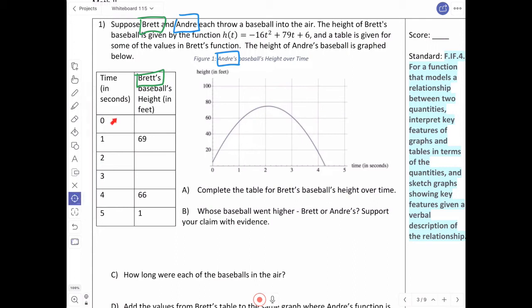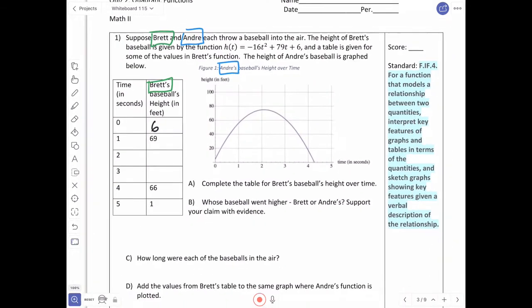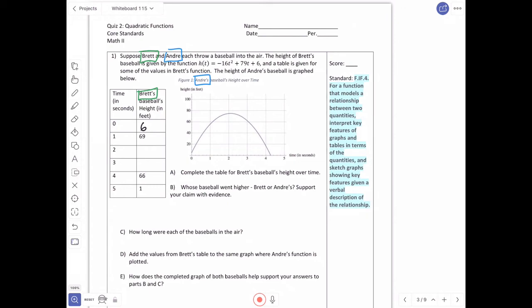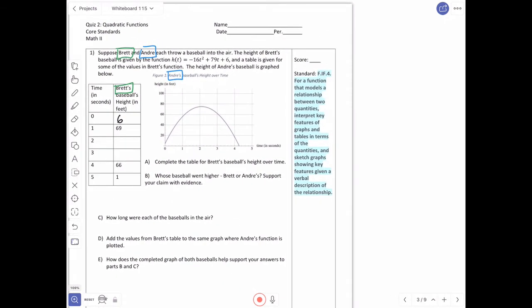So I just plug in 0, which is 0 squared is 0. 0 times negative 16 is 0. 79 times 0 is 0. 0 plus 0 plus 6 is 6. Then for some other values, I think you definitely would have wanted a calculator. So I'm going to come in here and make a table.